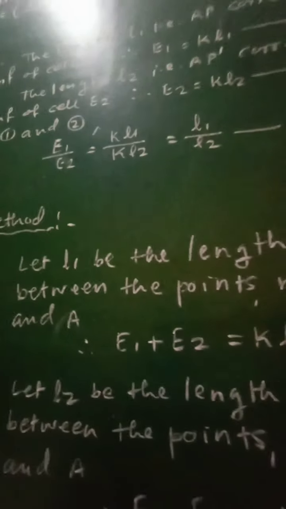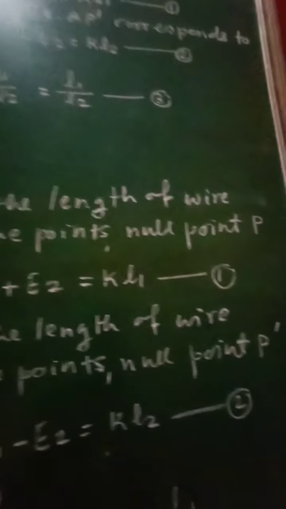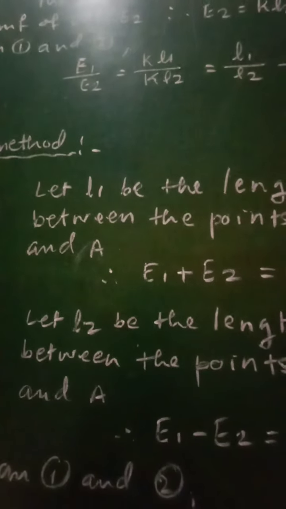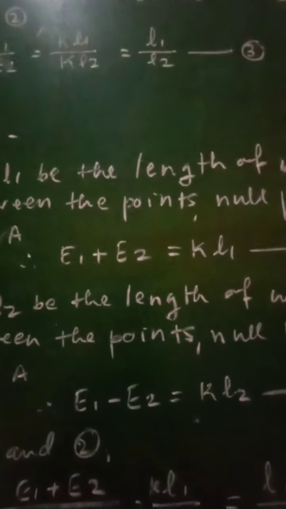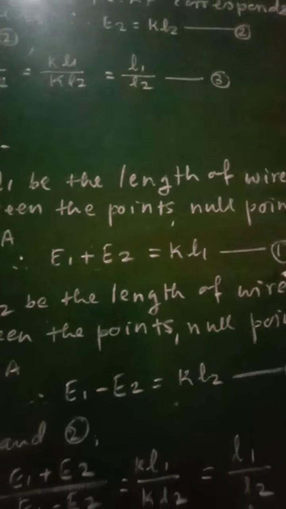Let that distance AP equal L1, the length of the wire between the null point P and the terminal A of the potentiometer wire. Then E1 plus E2 will be equal to KL1, equation number 1.